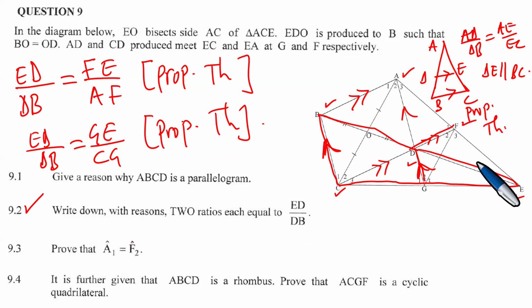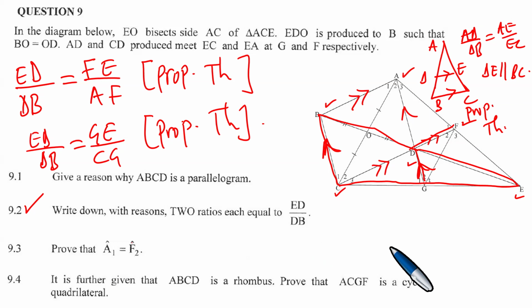This is what you need to realize and learn. This is the highest level of geometry you will meet in the school curriculum, and it is about similarity and proportionality. Now, let us look at the next stuff.